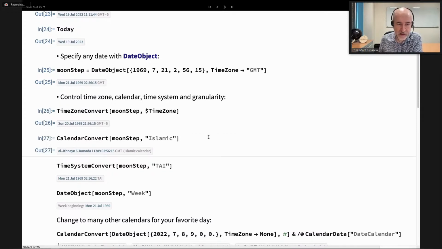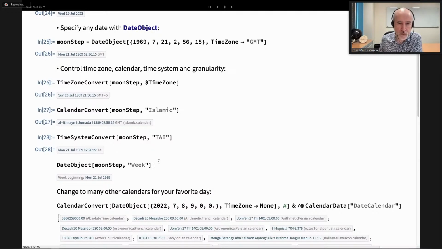We can change the calendar. For example, that would be the same date expressed in the Islamic calendar. We can change the time system as well. So we can compute what's the date expressed or measured by atomic time clocks corresponding to that instant.